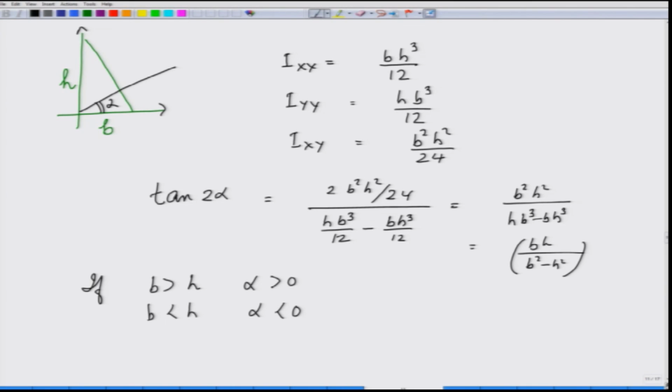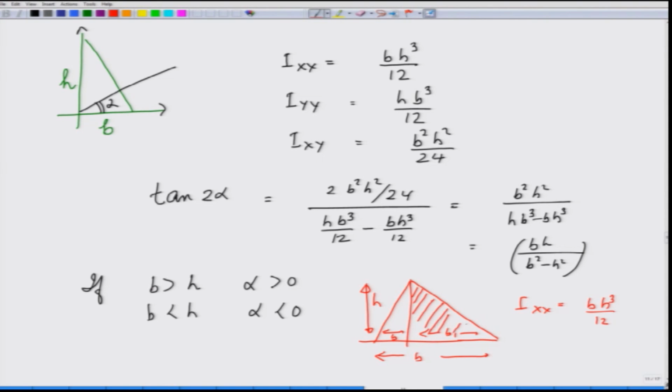One more comment is, if the triangle was not right angle but something like this, with total base size b, this being b1, this being b2, and height h, I_xx will still come out to be b h cubed over 12, because both these triangles, the one shaded and the other shaded by green, are right angle, and each one of them has I_xx, which is b1 h cubed over 12, and the other one is b2 h cubed over 12, and you add them and you get this answer. Thank you.